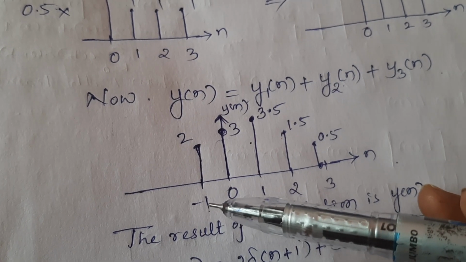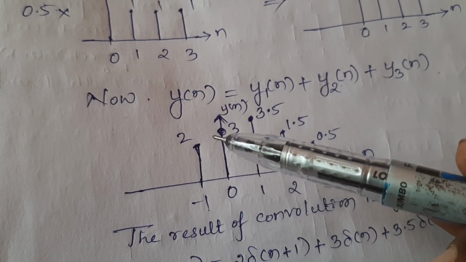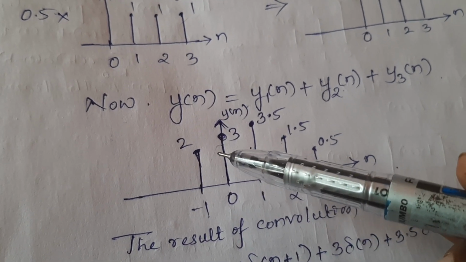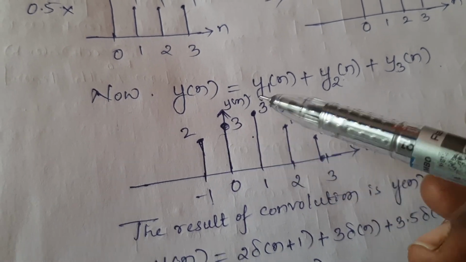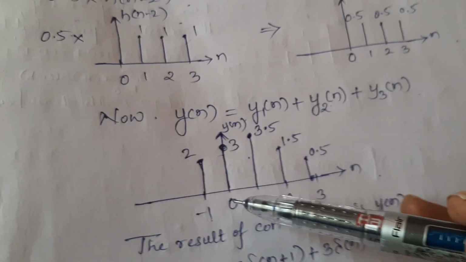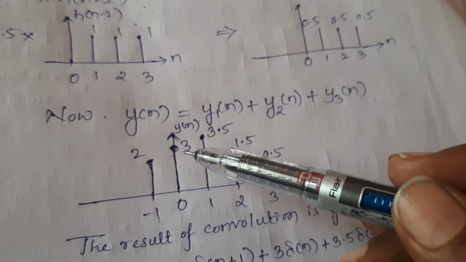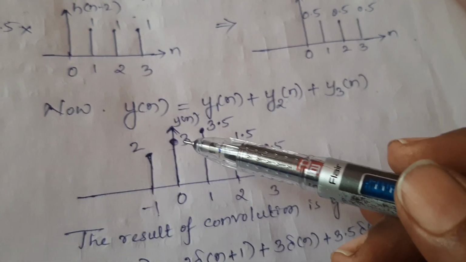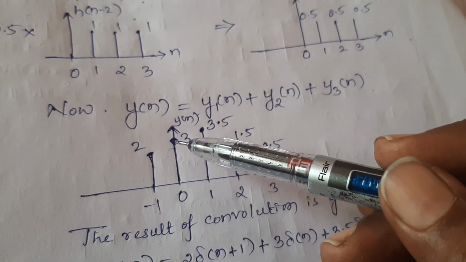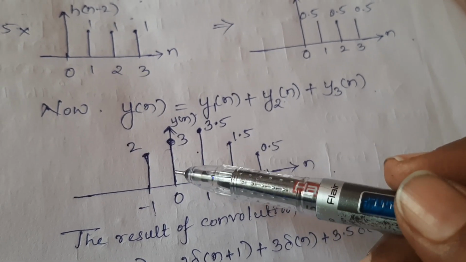When n is equal to -1, its value exists only in the first output, which is 2. So at n is equal to 0, in y1 it is 2 and in y2 it is 1 and in y3 it doesn't exist, so its value is 3.